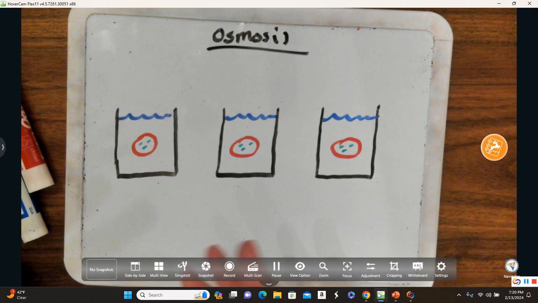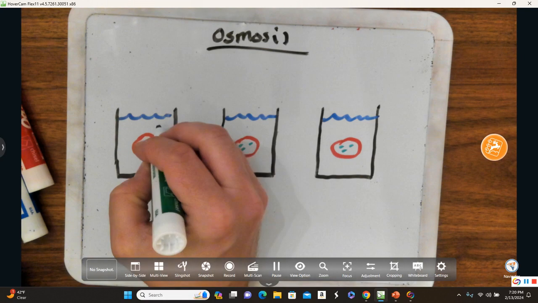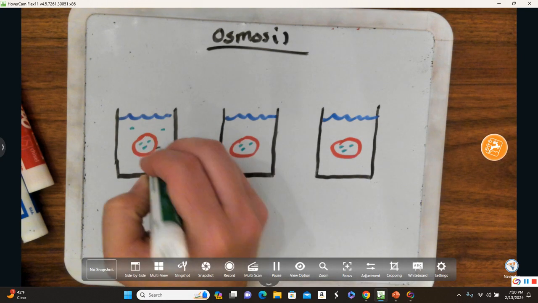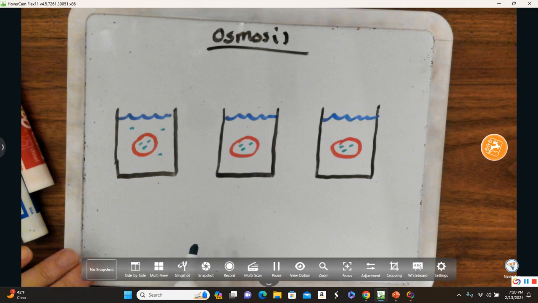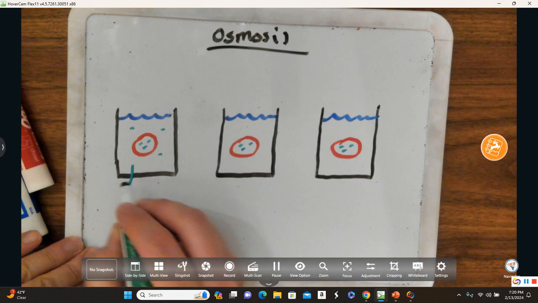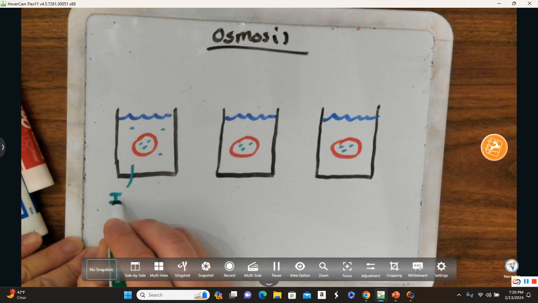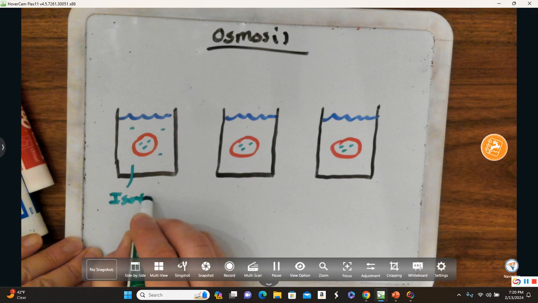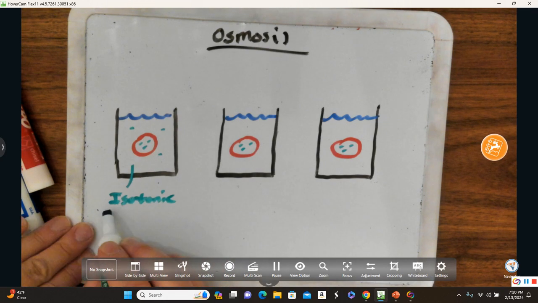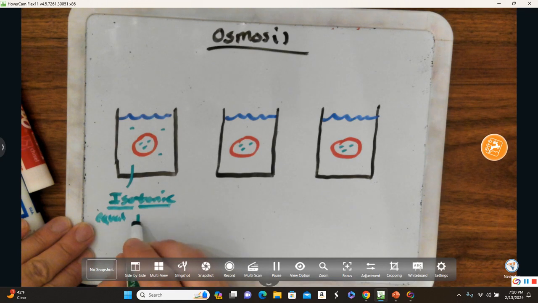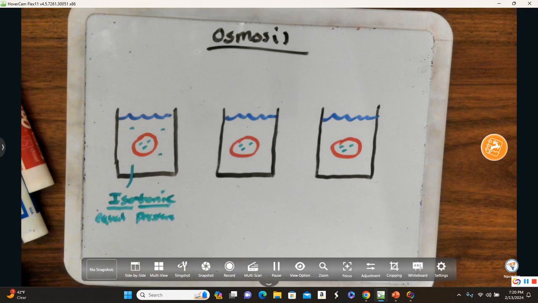Okay, now, the world around it can be the same. We would call that isotonic. Iso meaning equal, tonos meaning pressure. They have the same osmotic pressure.